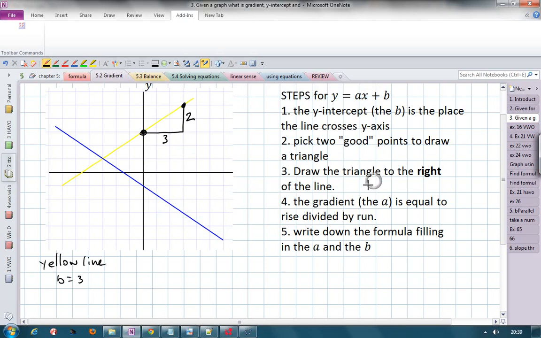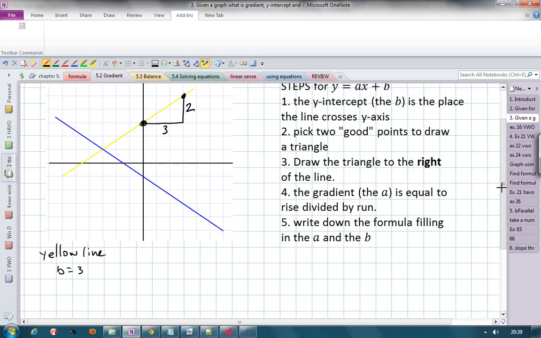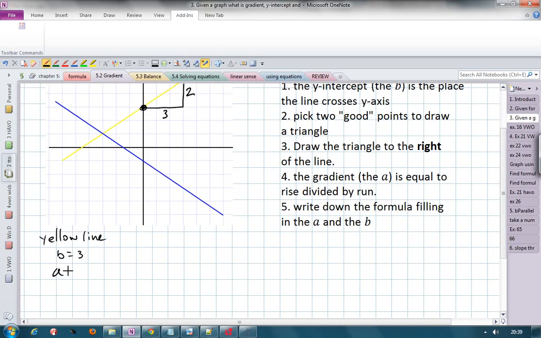So the gradient, or the A in this case, is then equal to the rise divided by the run. The rise in this case is +2, and the run is 3. So it's equal to 2/3. And then the last step is really just to write down the formula.